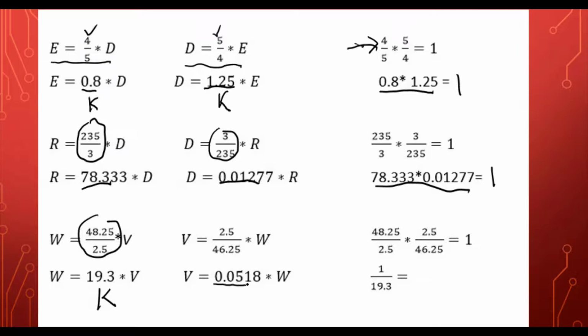So now I'm going to ask a little different question. What is 1 divided by 19.3? So here's 19.3. And I want to know what 1 divided by 19.3 is without a calculator. And if you answered that it is this, you are correct.